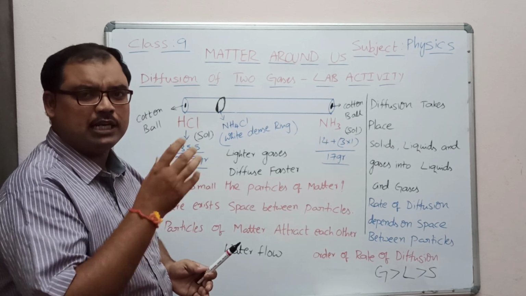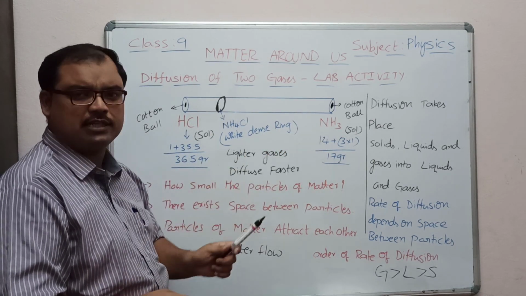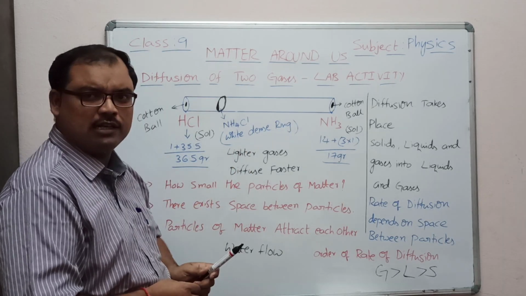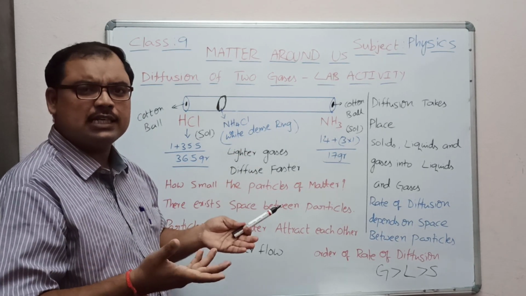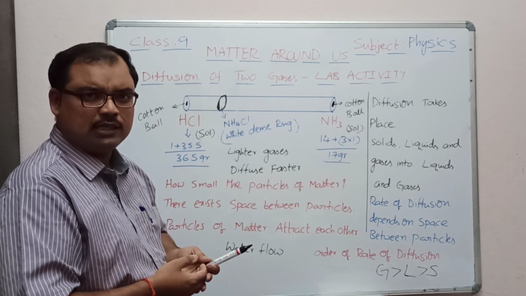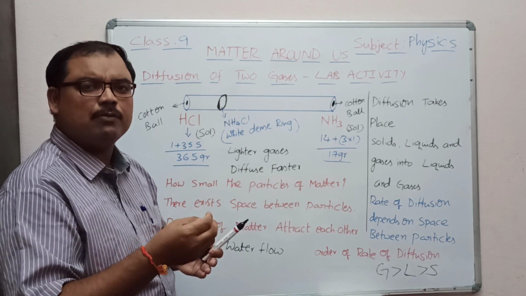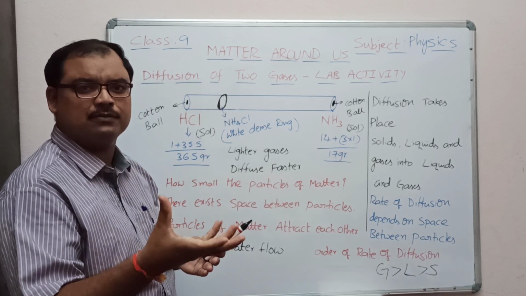Just after a few minutes, a reaction takes place between HCl and NH3 and they form a compound called NH4Cl, ammonium chloride. How can we say that this is formed? Whenever any chemical reaction completes, there will be evidence of smell change, color change, something.